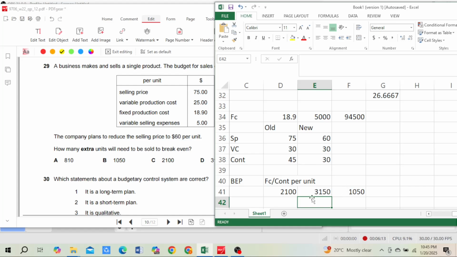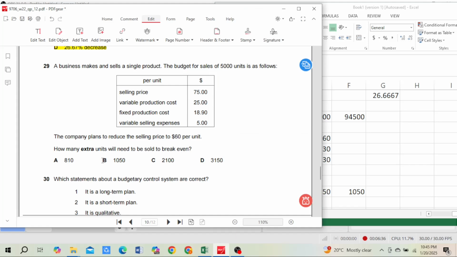So the difference between these two is 1,050. At the old selling price of 75, the break-even point was 2,100, but at the new selling price of 60, the break-even point has increased to 3,150. That means there's an increase of 1,050 units in the break-even point.